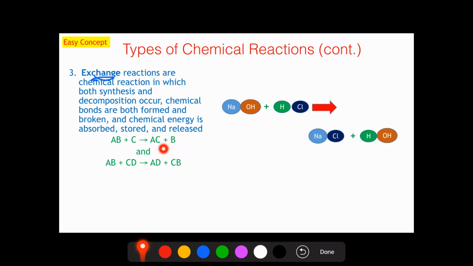Here there are no small products and large products, or small reactants and large products. It could be just rearrangement of the atoms. Like, for example, NaOH plus HCl gives NaCl, that's the table salt, and water.